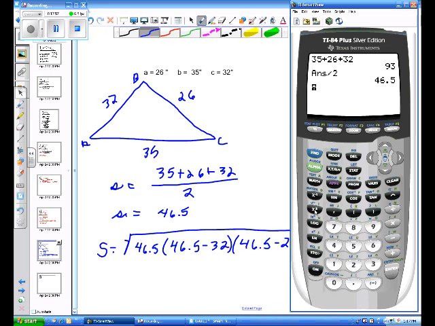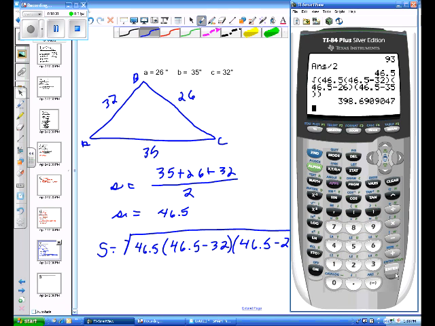So we have the square root, 46.5, then open parentheses, 46.5 minus 32, close, open, 46.5 minus 26, close, open, 46.5 minus 35, close and close.